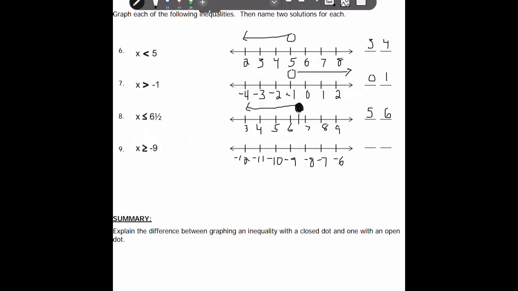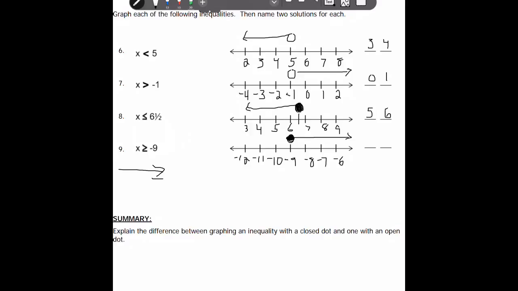Okay, so we're going to place our circle above -9. And this needs to be a filled-in circle. And we are heading to the right of this filled-in circle because it is a greater than or equal to. Remember, greater than or equal to, we have an arrow heading to the right.